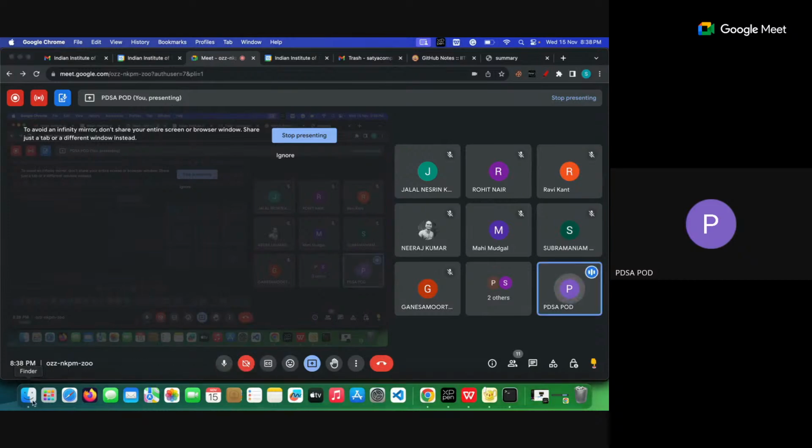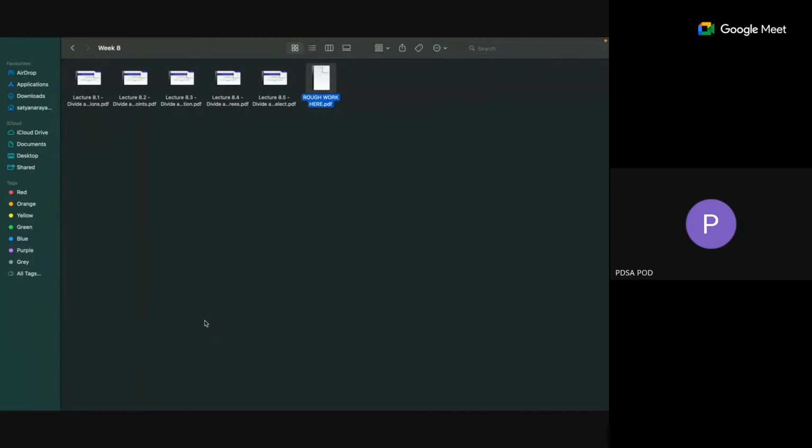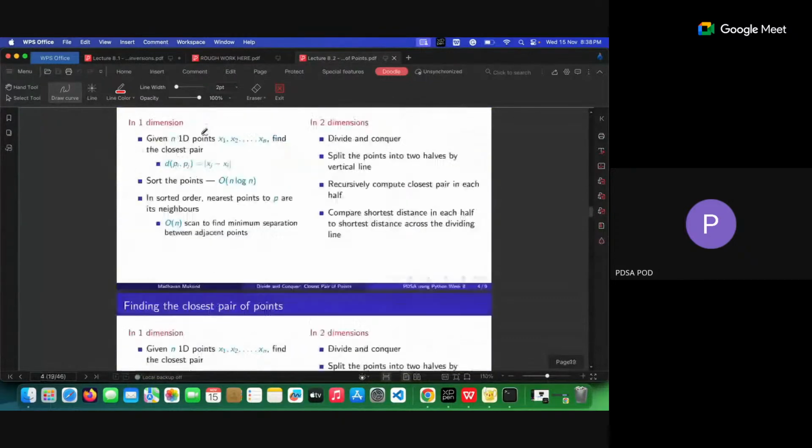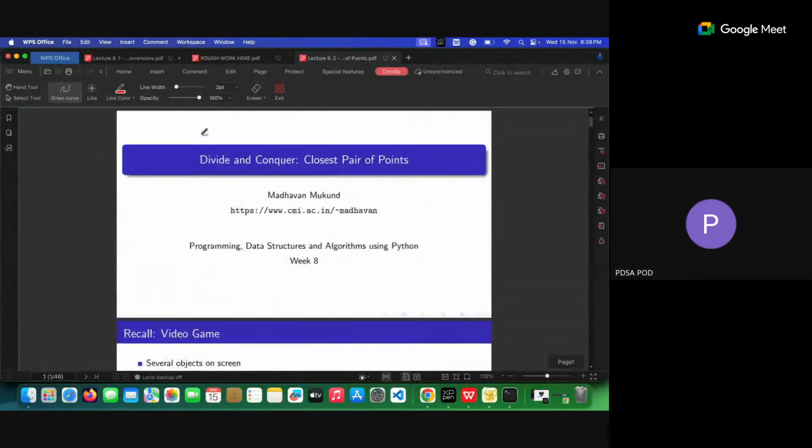This is 8.1. Any particular issues or clarifications about 8.1? Yeah. So we'll proceed to 8.2.